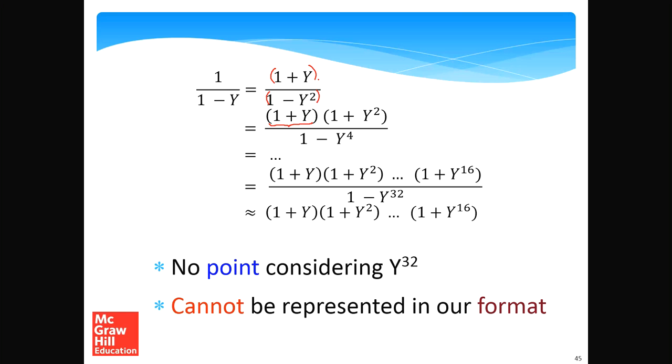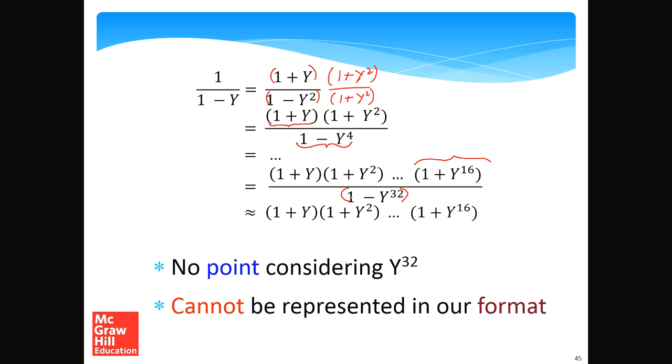We can multiply 1 plus y squared to the top, and if we multiply 1 plus y squared to the bottom as well, then 1 minus y squared times 1 plus y squared is 1 minus y to the power 4. We can continue in that way. Then the numerator will be 1 plus y squared up to 1 plus y to the power 16, and the denominator will be 1 minus y to the power 32.